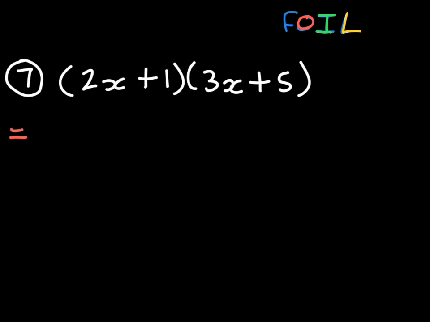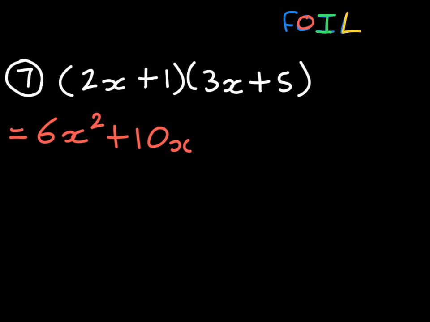So 2 times 3 gives us 6, x times x gives us x squared. Next is the letter O, which stands for outer, so we're going to be multiplying the outer two terms, which are 2x and 5. So 2 times 5 gives us 10, and we need to remember the x.